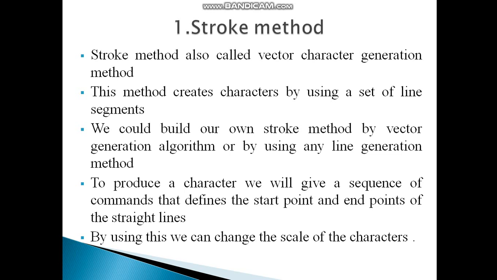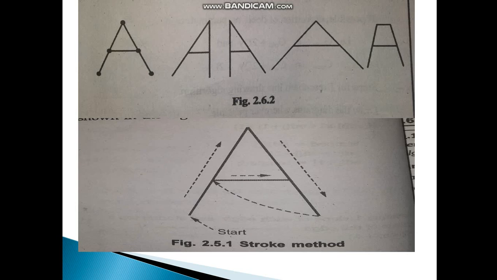As I said, using the inbuilt function, to draw the character A we will require the line inbuilt function. Like in a B letter, for drawing this letter, we require the line and two arc commands to draw the character B. Okay, so here is the figure of stroke method.